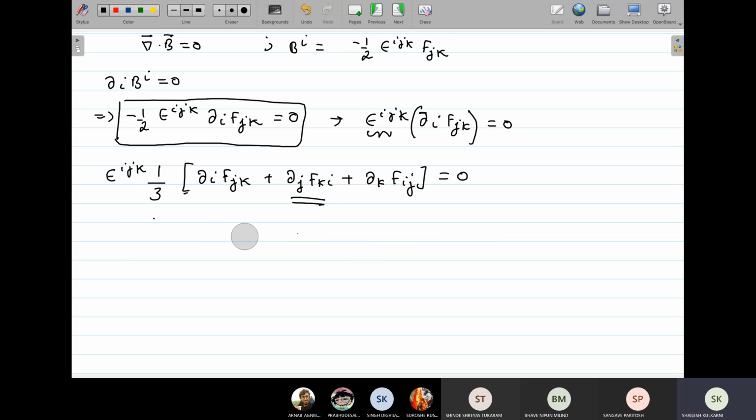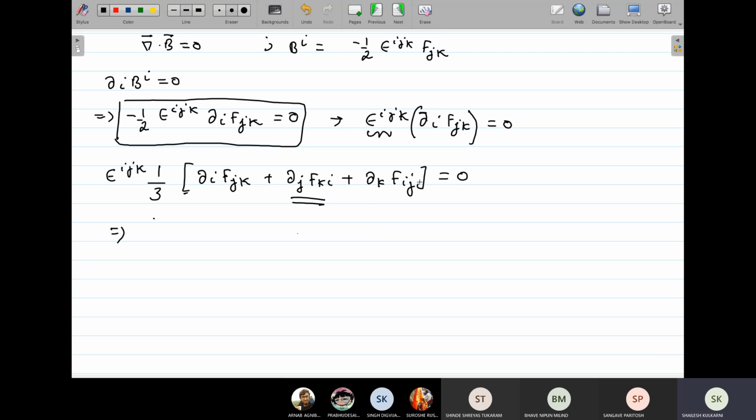This implies that epsilon ijk, suppose I put i equal to 1, then j and k must be 2 and 3, and so on, 3 and 2 also. But in any case, this epsilon 123 is non-zero. For non-zero components of epsilon, I have this relation equal to 0. That means this square-bracketed quantity must be 0.